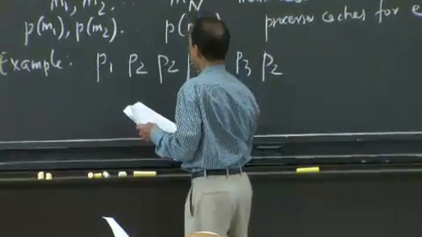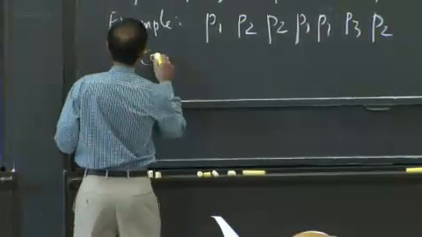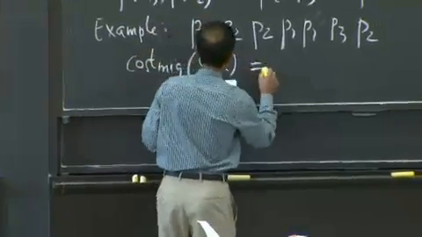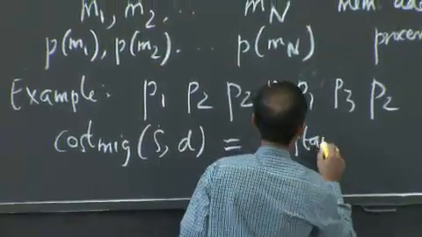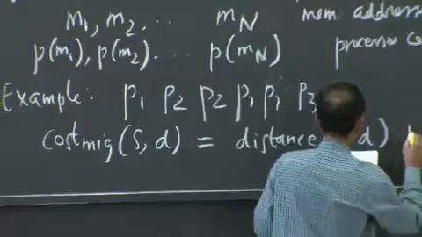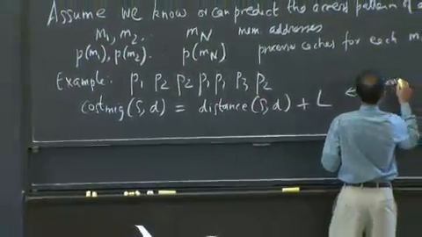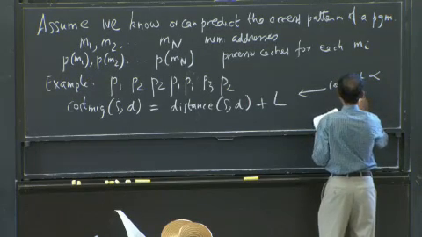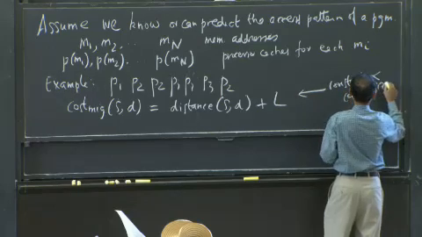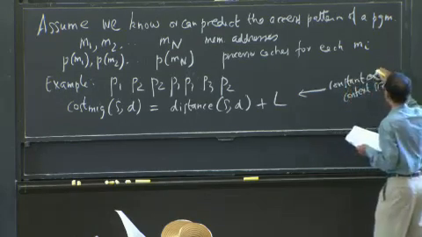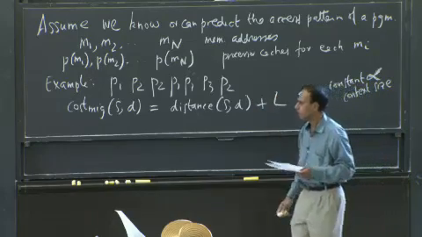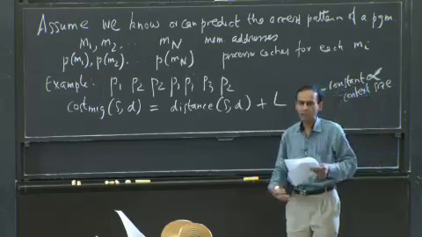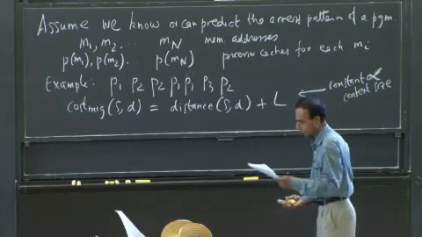So that's one example of a setup, and we can think about the cost of migration, if you want to go from S to D, as being a function of the distance(S, D), plus some constant which is proportional to the context size, and that context size we're going to assume is fixed for a particular architecture. It may change for different architectures, but if it's a few kilobits, then there's going to be some overhead associated with putting the context onto the network, and it's a sizable overhead that needs to be taken into account.